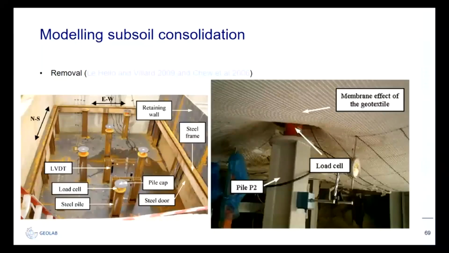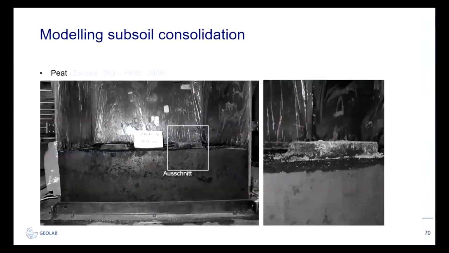It resulted in a nice PhD thesis of Le Hello done in Grenoble, and yeah, it worked, of course. Here the soft soil is modeled with peat, done at the University of Kassel in Germany. Several researchers, Zaeske and Heitz, did their PhDs on this subject. They used peat, which is compressible, so no gap occurs, but consolidation or settlement occurs.